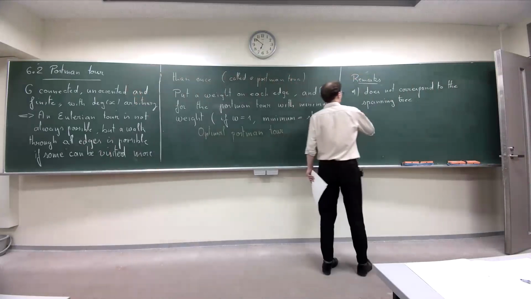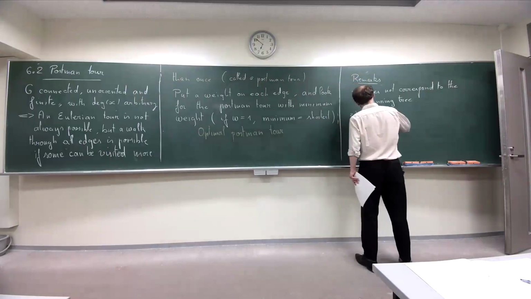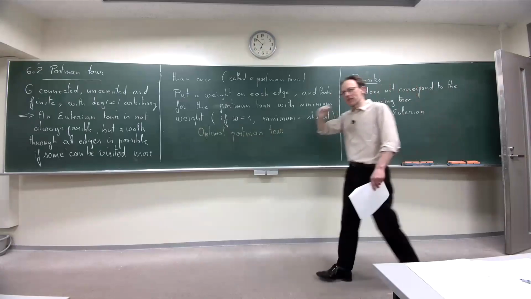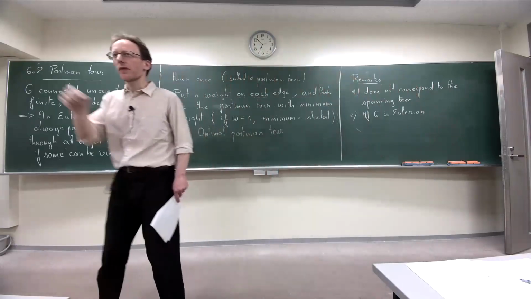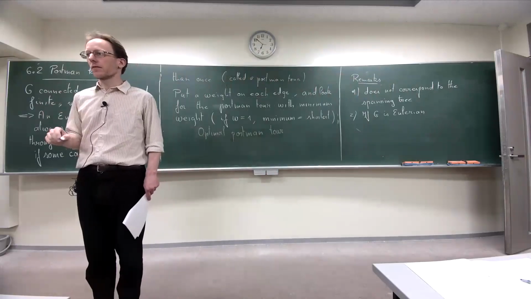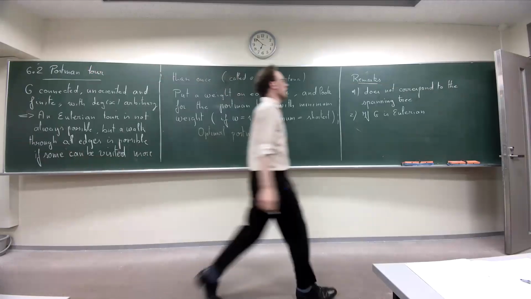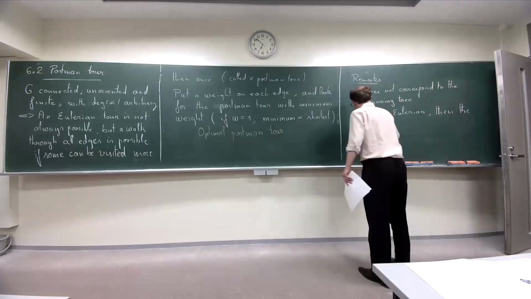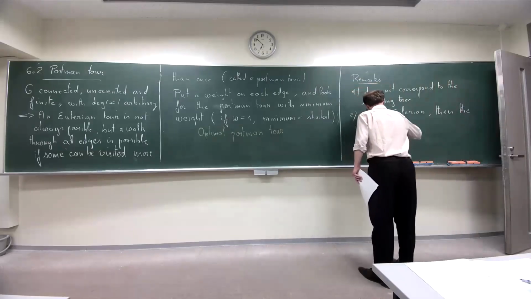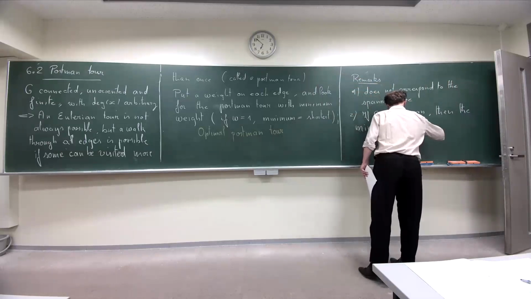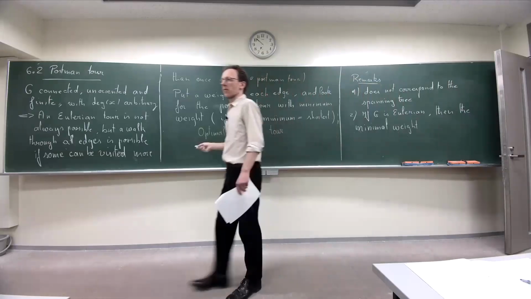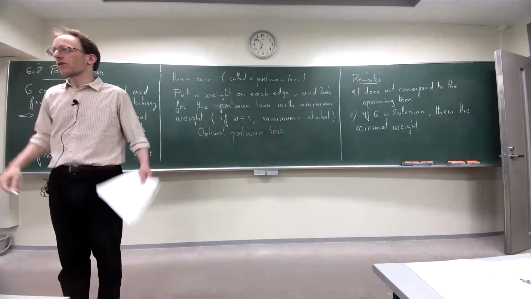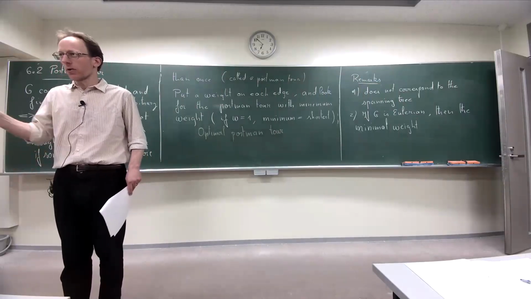So this is the first remark. And the second one, if G is Eulerian, which means if there is a Eulerian tour, so if you don't have to come back on any edge, then what is the minimal weight in this case? It's just the total weight, because you go once over each edge. So this is a total weight, and you don't have to go back and forth on any of them.